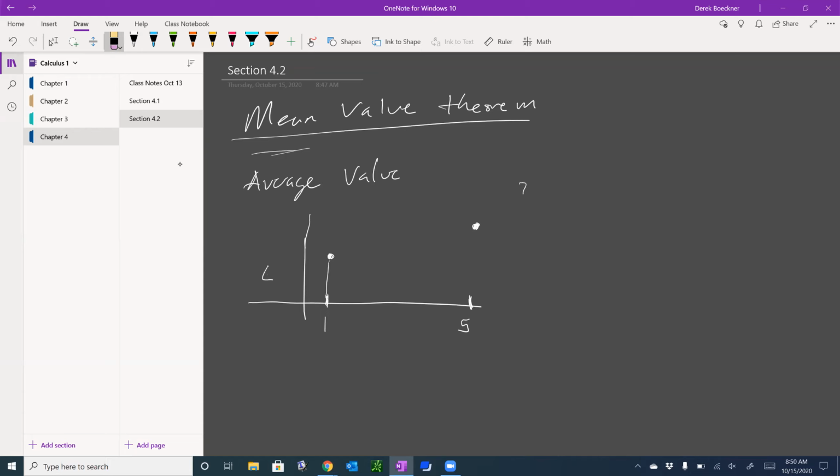Okay, so this one says, if I start here and I end here, and I have a differentiable function, this is more about average rate of change. So here's my tangent line.